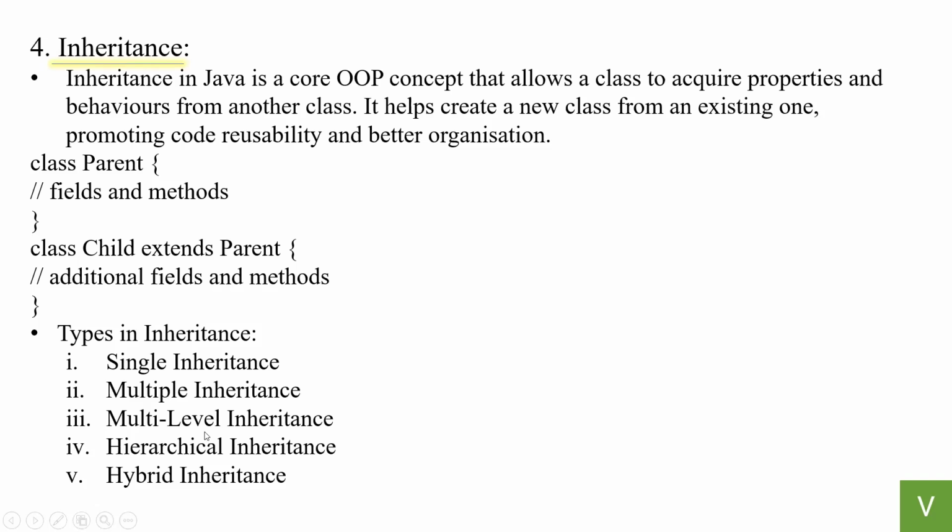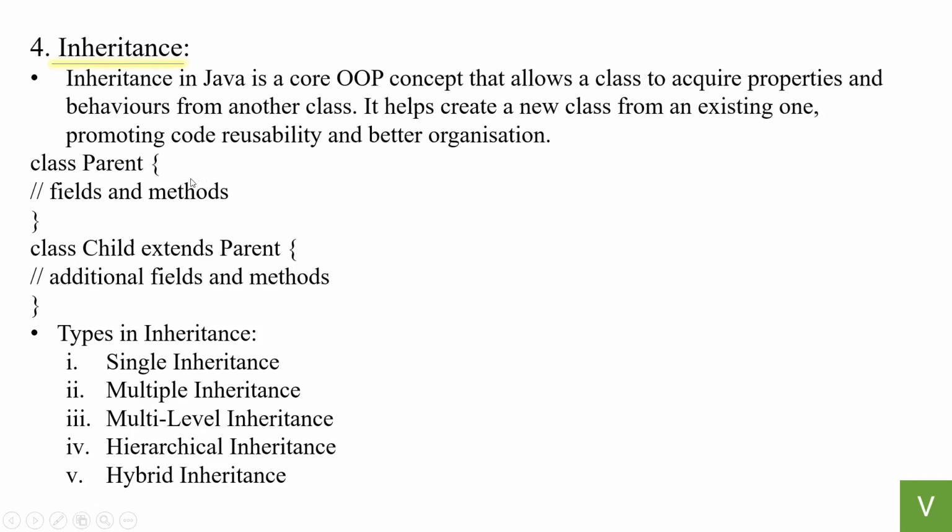In multi-level inheritance, suppose let us consider class child is derived from a parent. Now let us consider another class child 2. It is derived from its previous class.